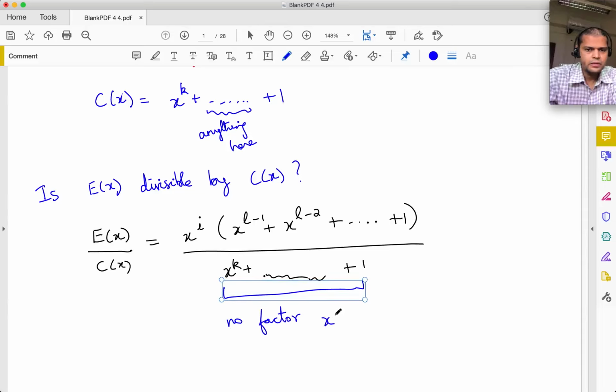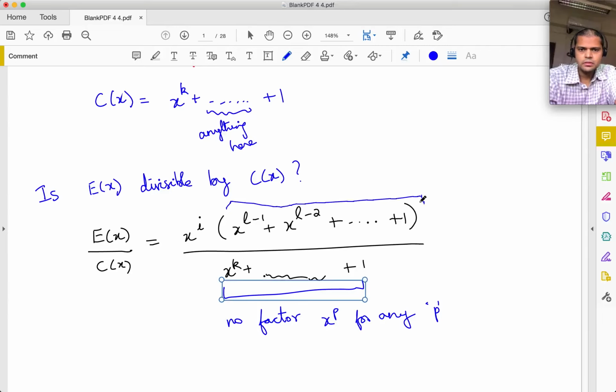There is no factor x to the power of p for any p which can be pulled out of this. So we don't have to worry about this x to the power of I term. Nothing is going to cancel over here. So if at all C of x has to divide E of x, it would have to divide this quantity over here. So is this quantity divisible by C of x?